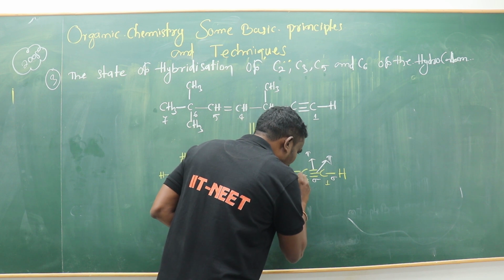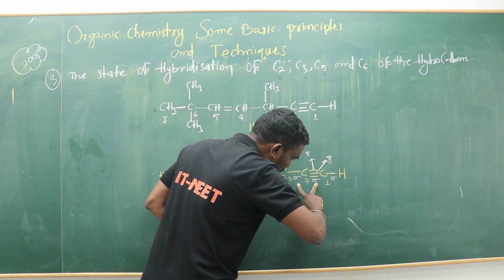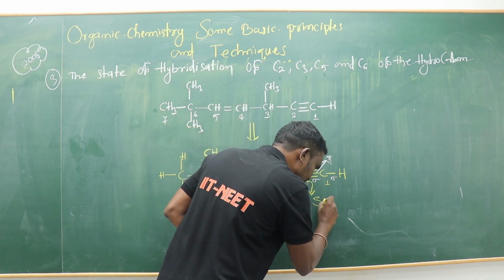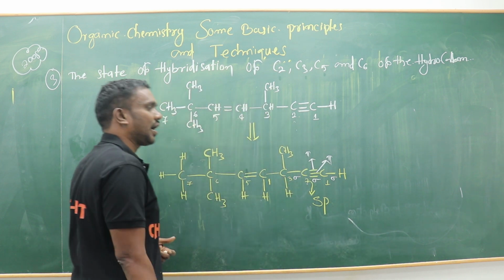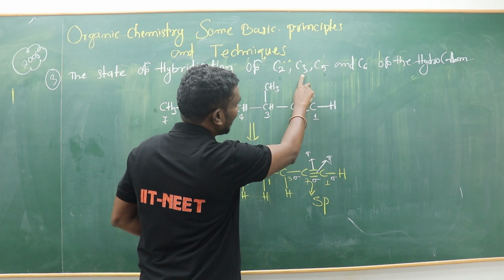This is single bond, sigma bond. Now see, this second carbon belongs to two sigma bonds. So that is the reason, my dears, this belongs to sp hybridization. That's it, right?